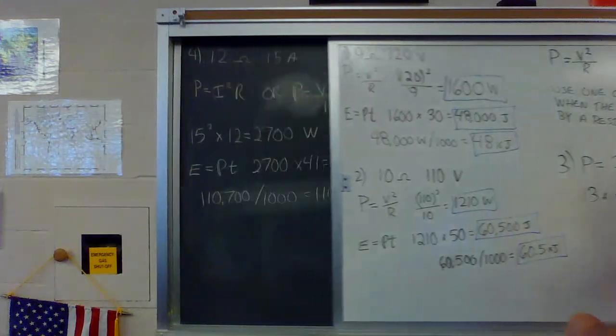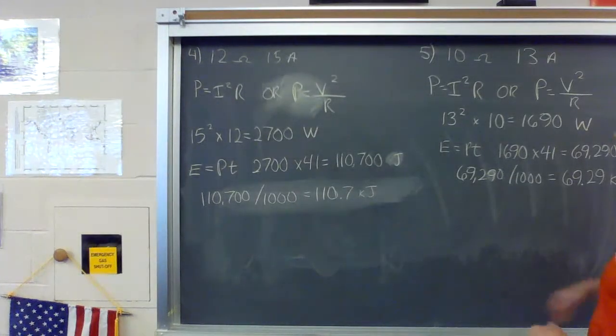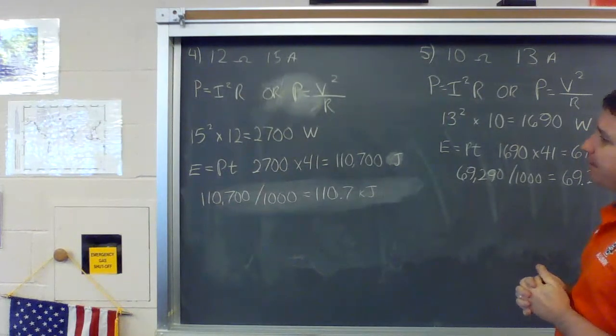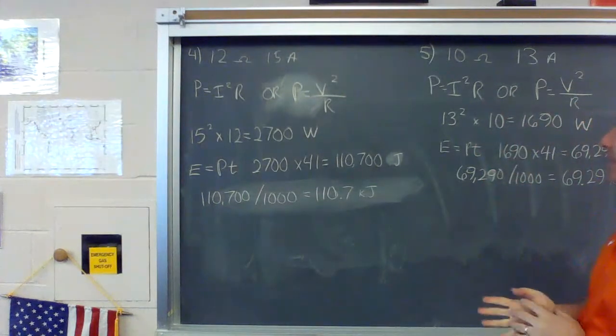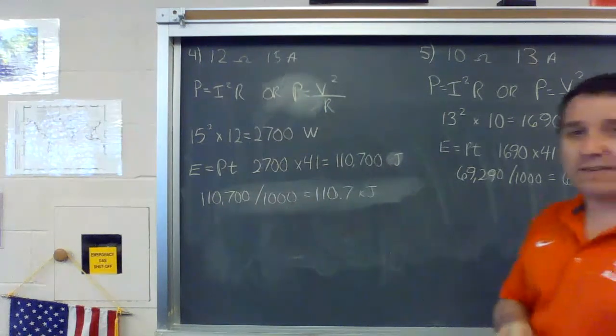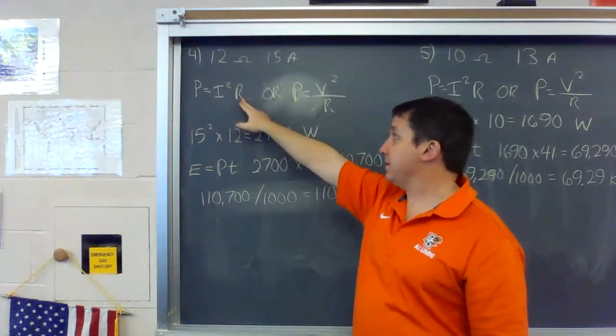Now, moving on to number 4. What I saw a lot of students doing was just multiplying numbers together, not really paying attention to what formula they were in fact using. On the test, you're going to see both of these formulas with a whole slew of other ones.